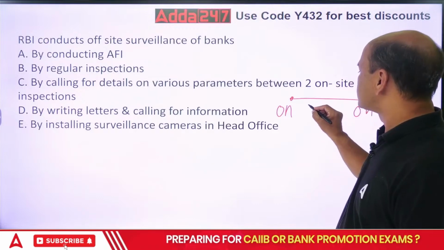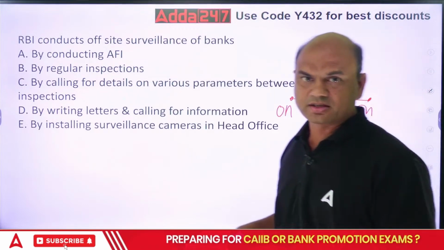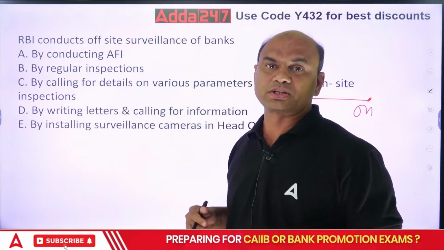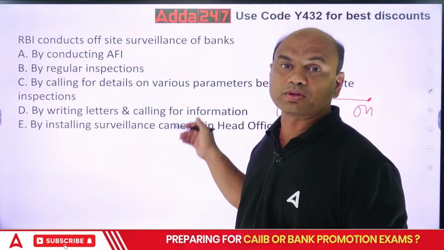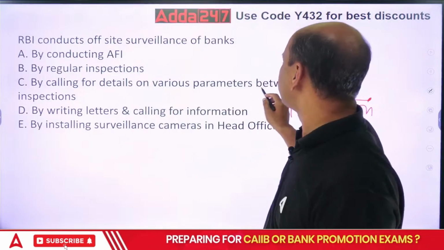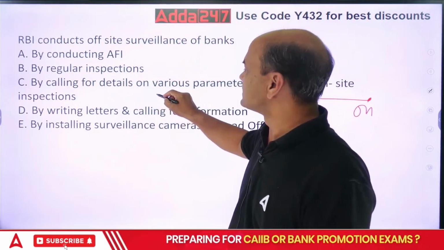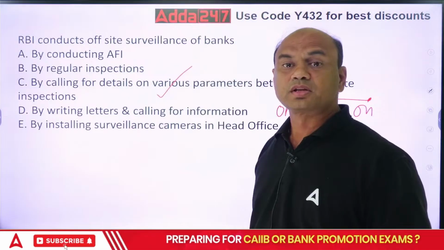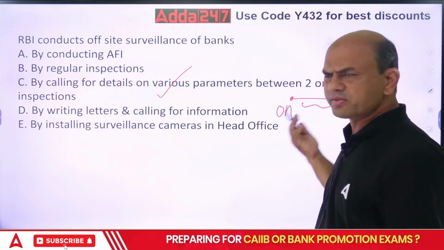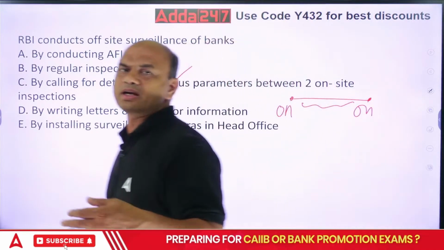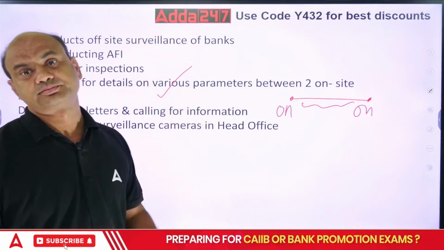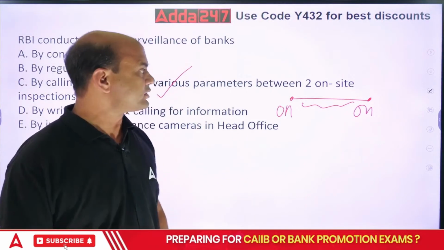In between, to check the quality of the assets, since a year is a big period, they will call for the documentation. So it is calling for details on various parameters between two on-site inspections. Documents are called in the RBI office. Nowadays we have software, and banks are told directly to upload the documents. So this is off-site. Got it?